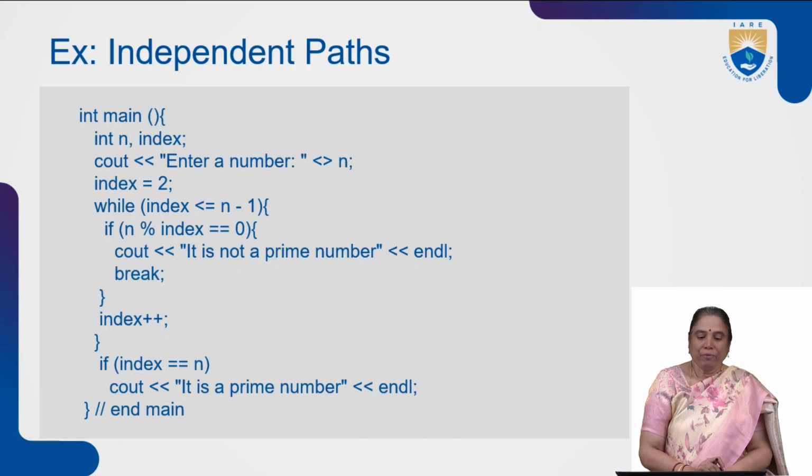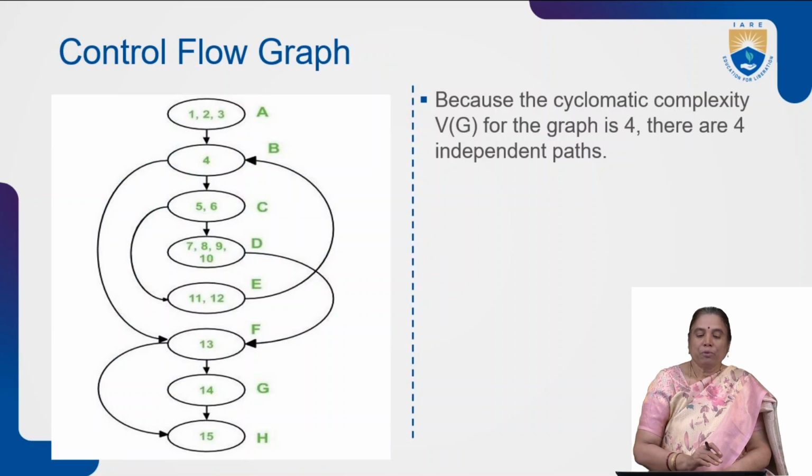How to identify the independent paths? For this, you can take a sample program. This program is used to check whether a given number is a prime number or not. This code can first be converted into a control flow graph by using the four notations: sequence, case statement, loops and branch statements.